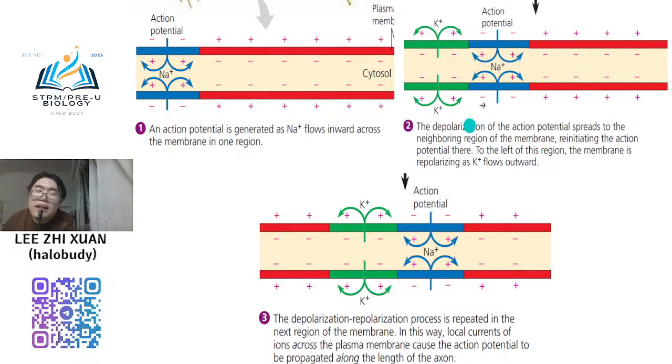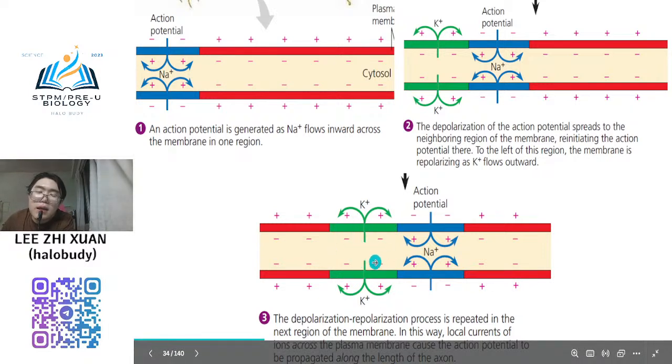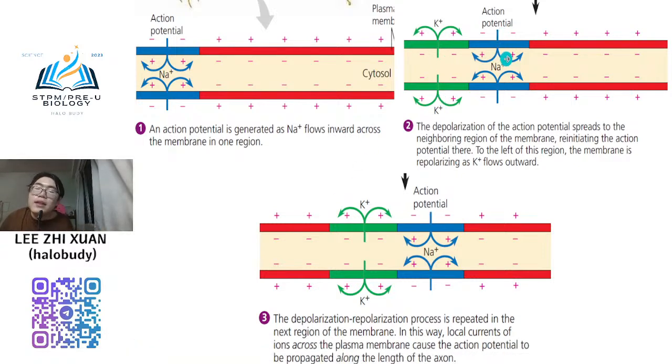When it enters repolarization, it will initiate the C region to trigger the action potential inside the C region, and then the B region will be in the repolarization process. So this is a repeated process. Depolarization will trigger the neighboring region to initiate the action potential of the neighboring region. This is the concept.